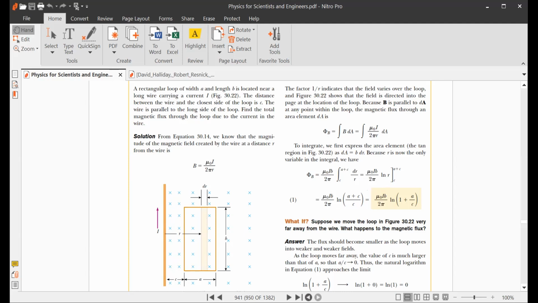So the total flux of the magnetic field passing through this rectangular loop is given by this formula.